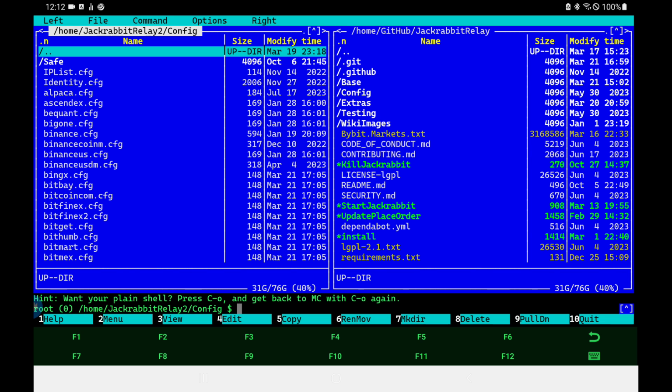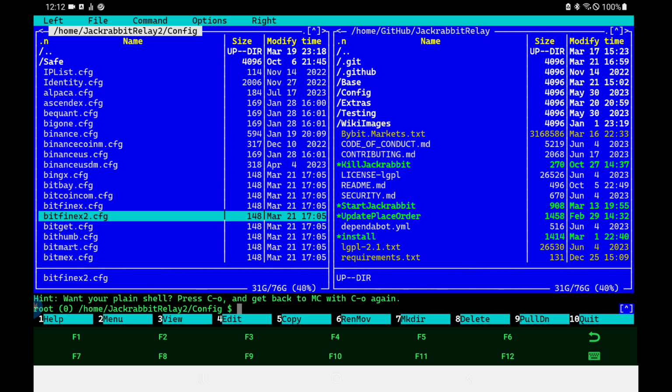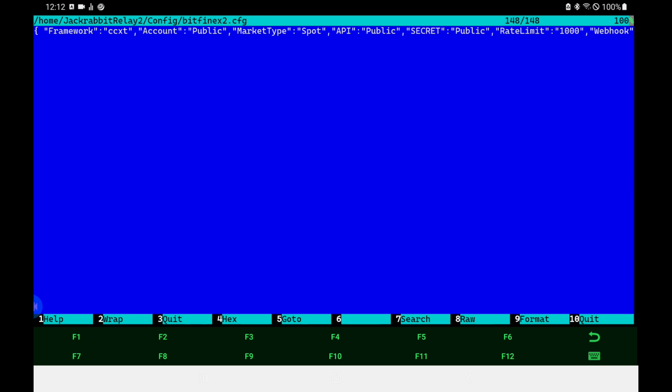I am in my Jackrabbit Relay working folder, so let's take a look at one of these newly created files. And as you can see, it is the public reference, as we can see from the secret being public and the API being public.